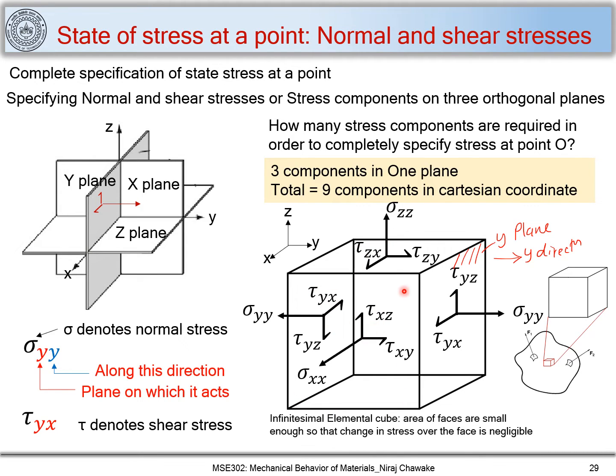Similarly, you can represent them on negative x plane and negative z plane also. So in all, we have 9 components: 3 components on y plane, 3 components on x plane, 3 components on z plane.